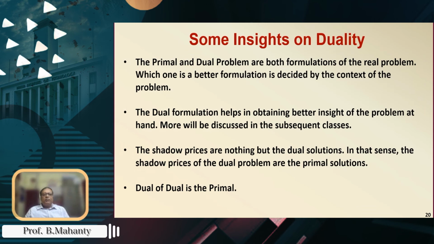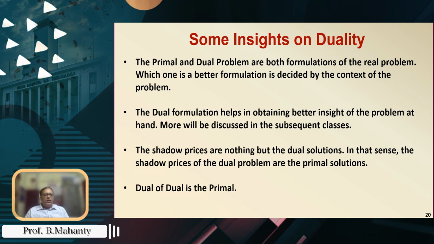All right, so the primal and dual problems are both formulations of the real problem. Which one is a better formulation is decided by the context of the problem. The dual formulation helps in obtaining better insight of the problem at hand. More will be discussed in the subsequent classes.